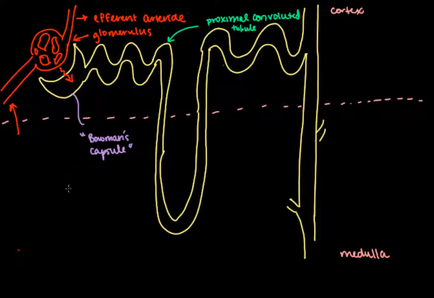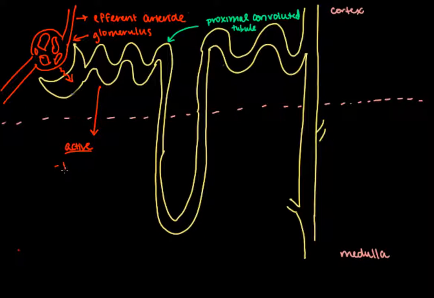We have actually the majority of the reabsorption happening here. So everything important, like the glucose, the amino acids, the vitamins, those are all going to be actively reabsorbed. So active reabsorption is key nutrients.